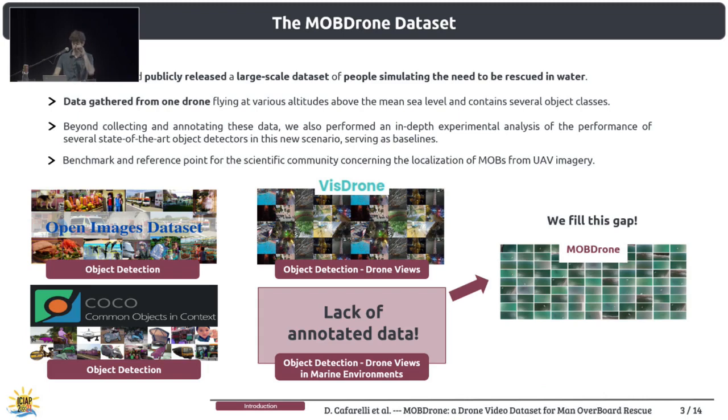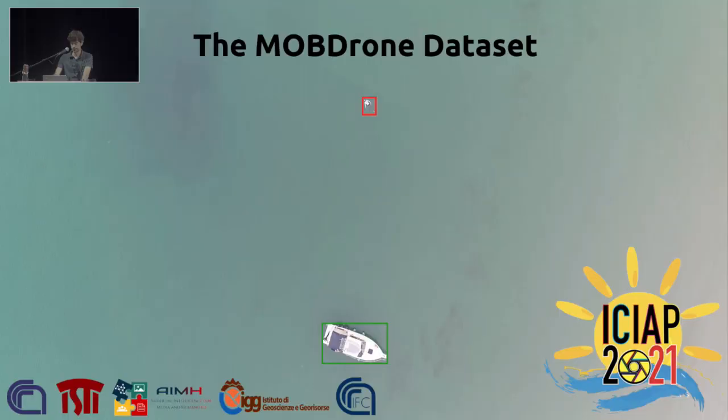And so, to this end, we collected and publicly released a large-scale dataset of people simulating the need to be rescued in water. Data was gathered from one drone flying at various altitudes above the mean sea level and contains several object classes. Beyond collecting and annotating this data, we also performed an in-depth experimental analysis of the performance of several state-of-the-art object detectors, and we hope that this will serve as a baseline for future works.